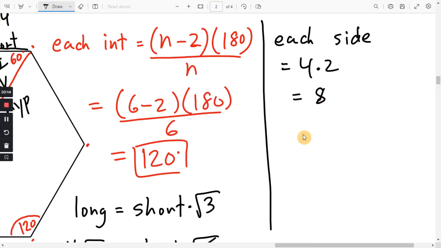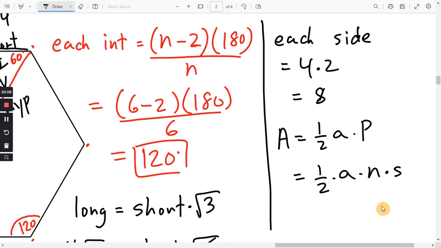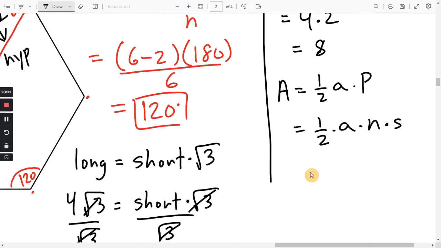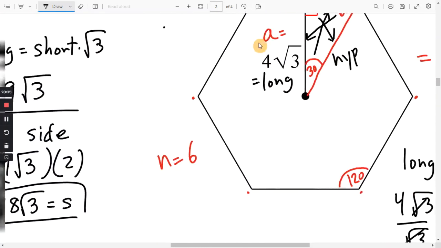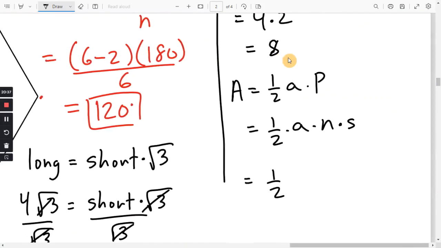And now we're in business. The area is going to be 1/2 apothem times perimeter, which is the same as 1/2 apothem times n times s. All right, so that's 1/2, and the apothem was 4 radical 3.